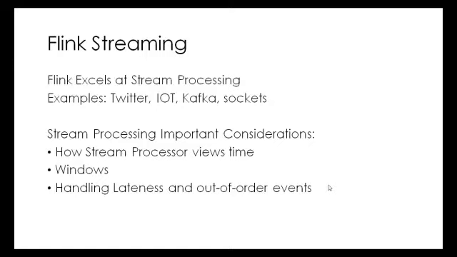Certain events have to occur in a particular order for your processing to be correct, and they might not arrive in order. They might arrive out of order. So you have to give a great deal of thought to that as well when you're designing your application.